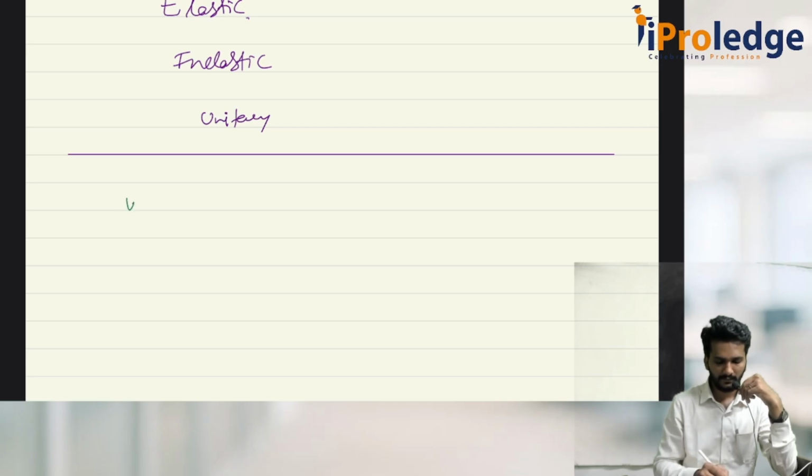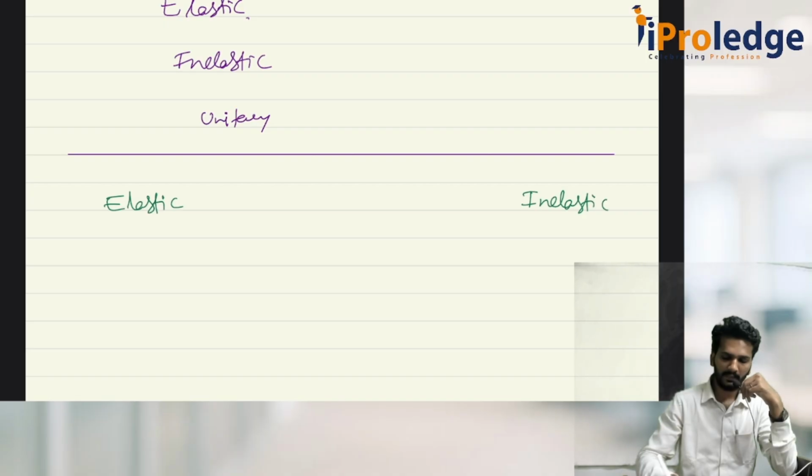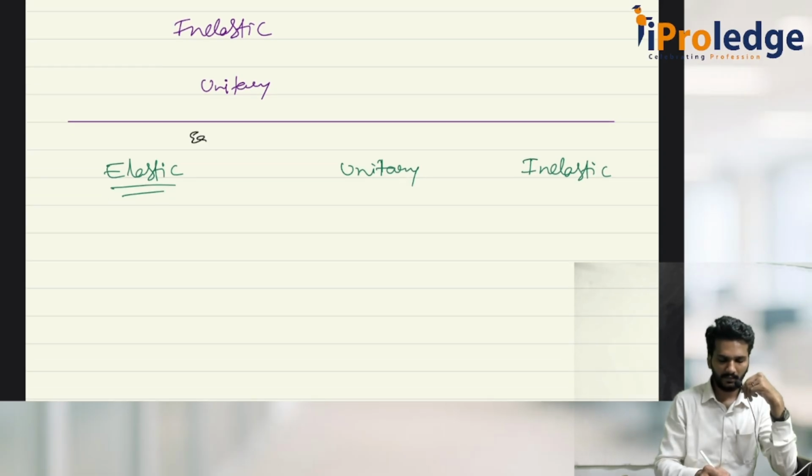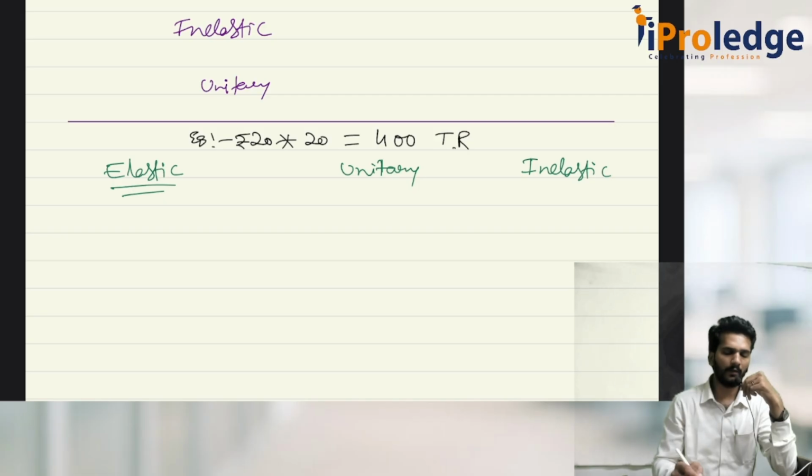Now, as I take an example of the same thing, when it is elastic, inelastic or unitary elastic. What is elastic? Consider the earlier example, as I told, I am selling at 20 rupees price per unit and I am selling 20 units, equal to totally 400 rupees as my total revenue.